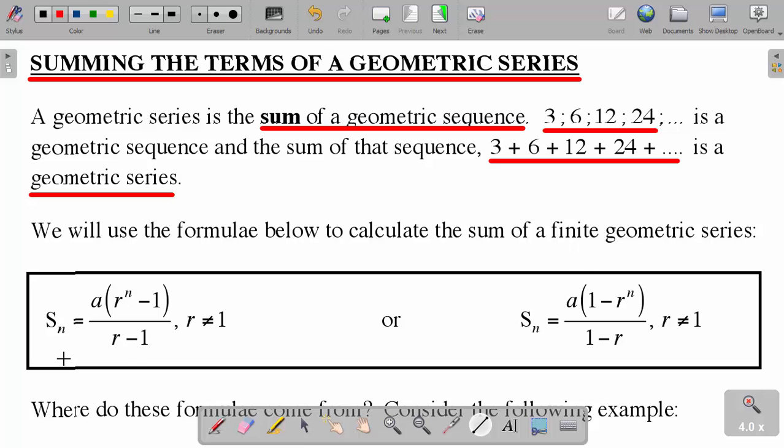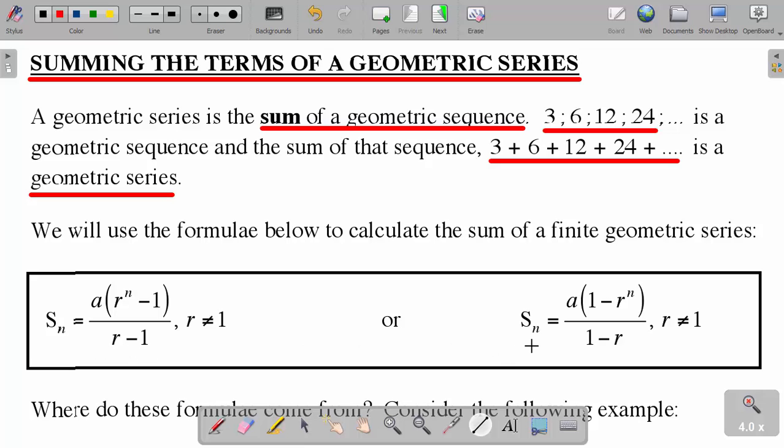So we can write it as Sn equals a open brackets r power n minus 1 divided by r minus 1, whereby the constant ratio r is not equal to 1. Meaning that the sum of the first n terms of a geometric series is given by the first term, open brackets, common ratio to the power n minus 1 divided by common ratio minus 1.